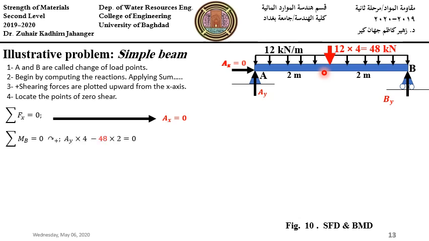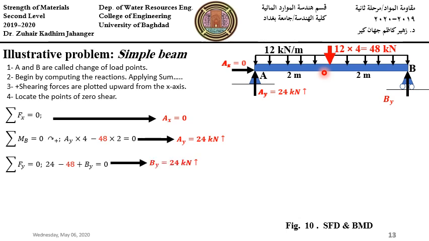So by equating to 0 the summation of moments about B, this yields AY equals 24 upward. We next equate to 0 summation Fy. This yields that BY equals 24 kilonewton upward.